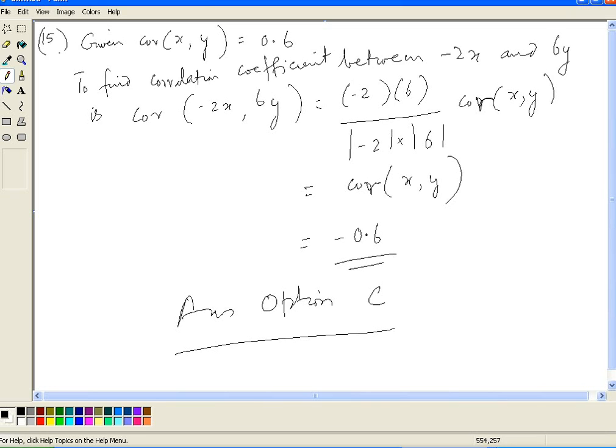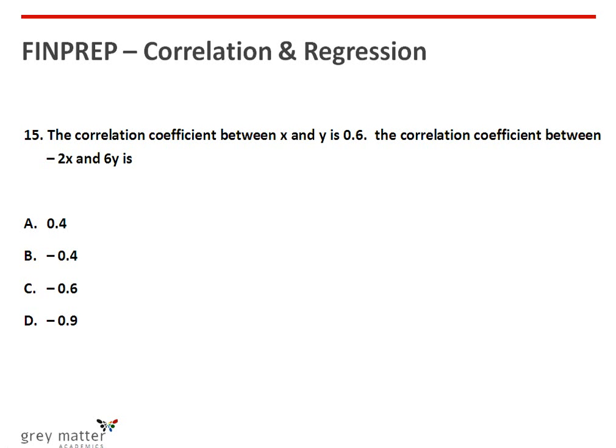Which works out to be minus of the correlation of x comma y, which is minus 0.6. So the answer is option C. Going to our PowerPoint presentation, it says option C, which is minus 0.6.